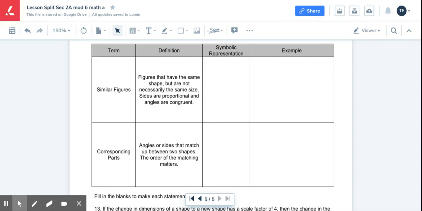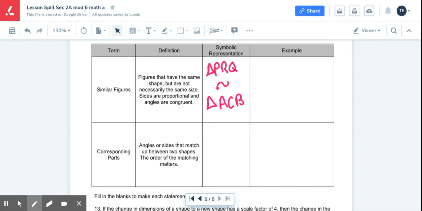So what we did before, we had triangle PRQ, and it was similar, our squiggly line means similar, to, we have to go in the same order. So P corresponded with A, and R corresponded with C, and Q corresponded with B. We have to write them in corresponding order.